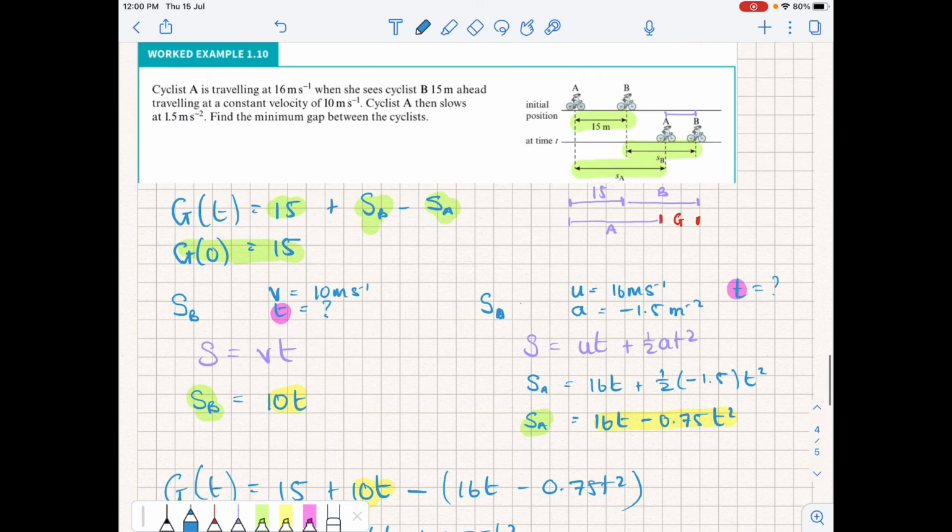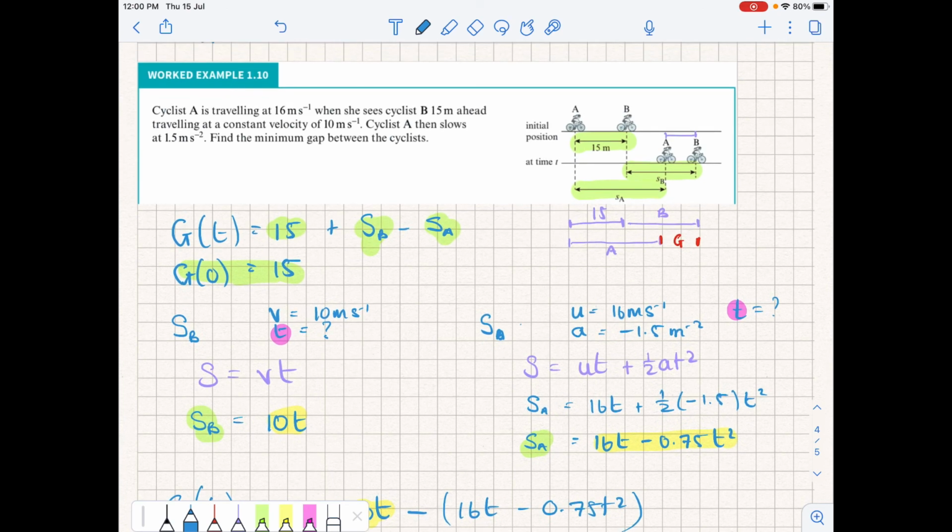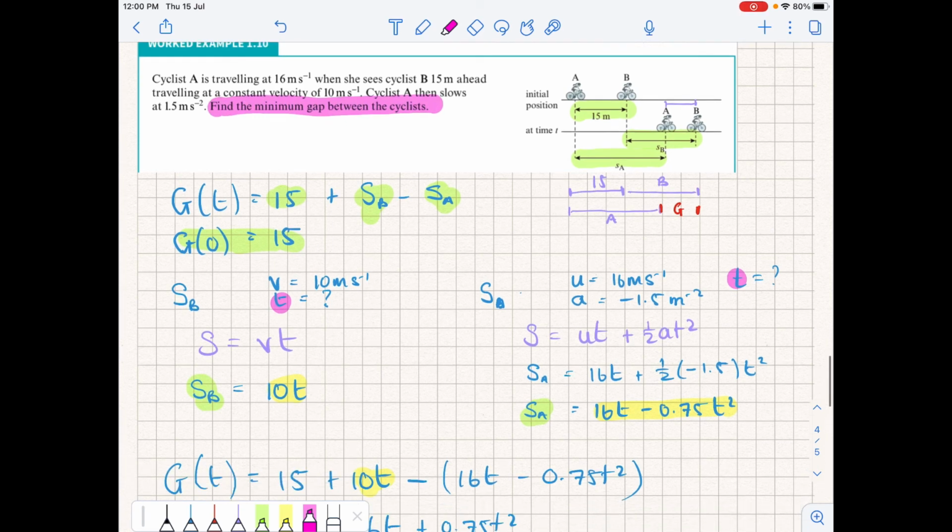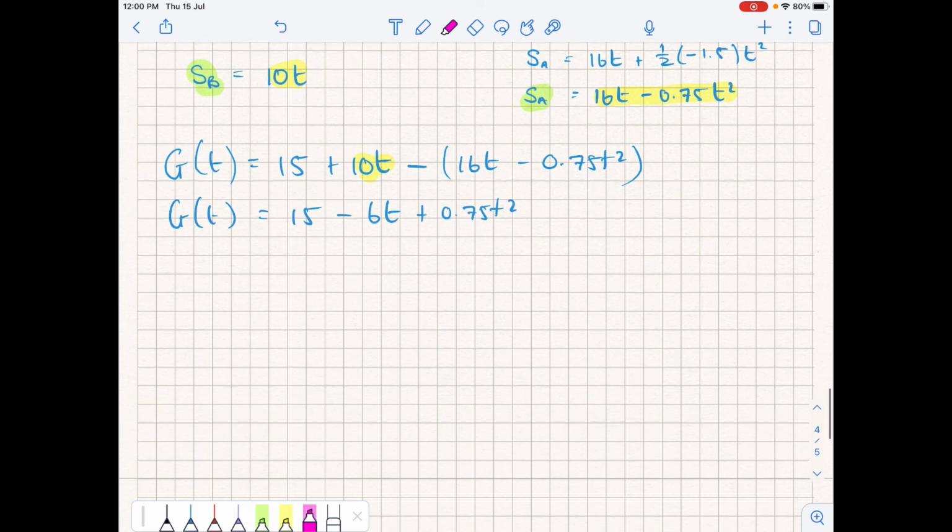Now, let's go back to the question. The question said, find the minimum gap between the cyclists. So we have two routes that we could go down in order to find that. Okay. This is a quadratic equation, right? We know that the minimum value of a quadratic equation is the turning point.